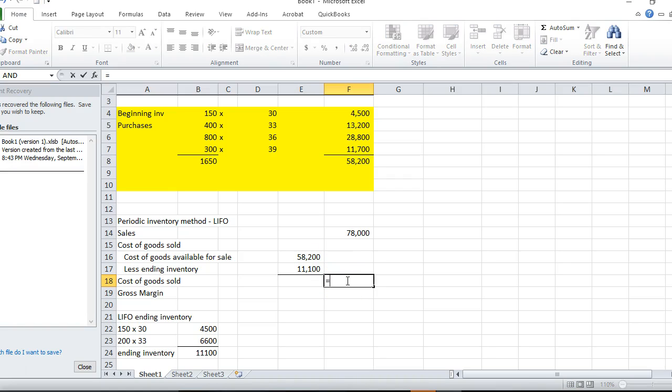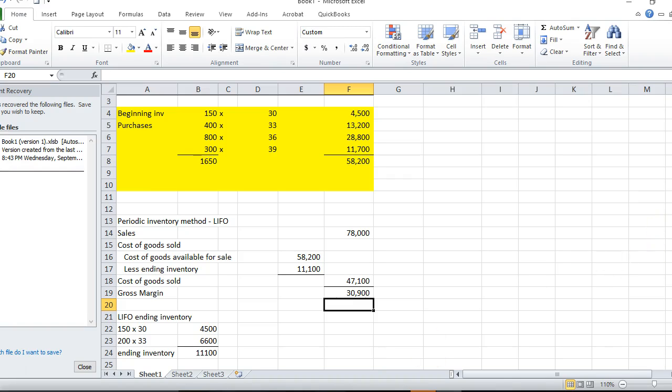which means our cost of goods sold is the difference, and our gross margin is going to be our sales minus our cost of goods sold, our $30,900. Do you see that based on the method we use, we're going to get different results?